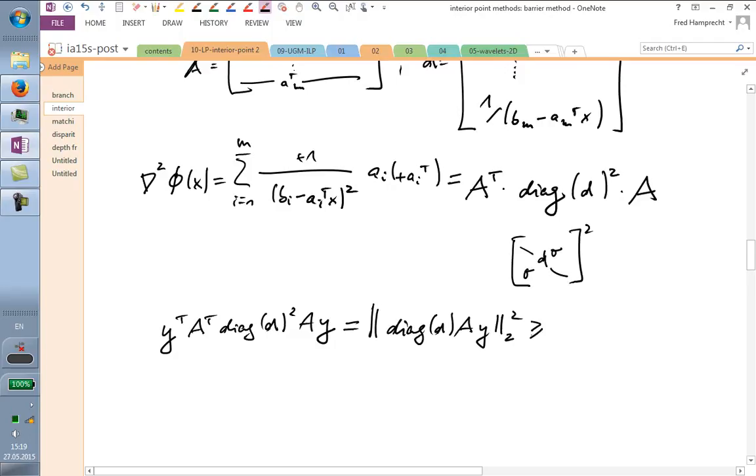And we know that a vector must have a length of 0 or more. So what we see is that this thing here is positive semi-definite because this holds.